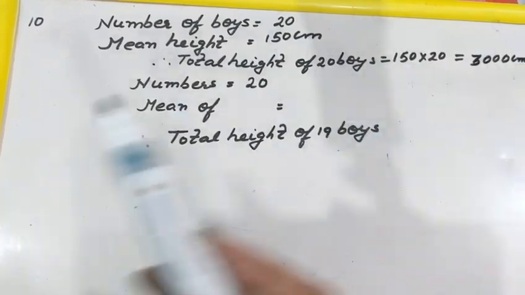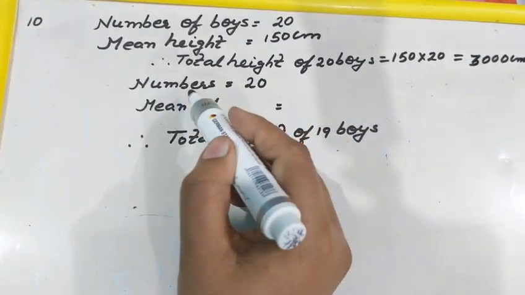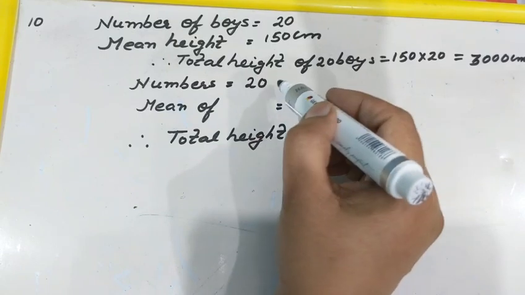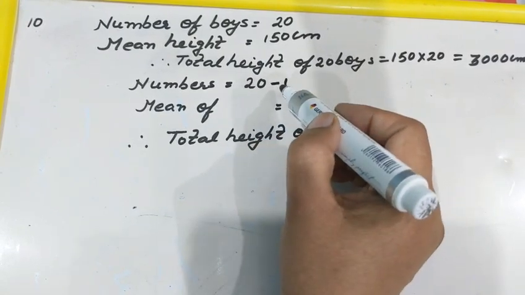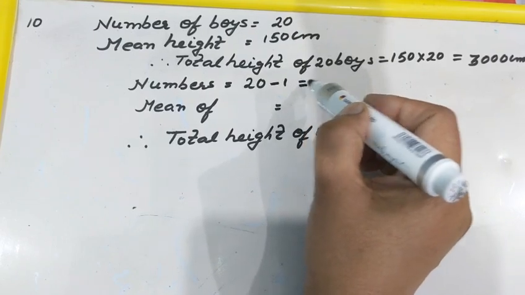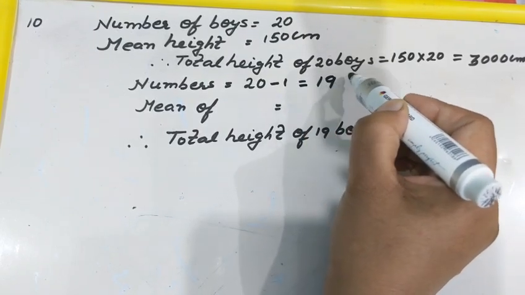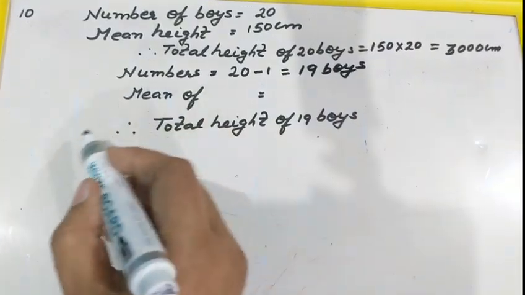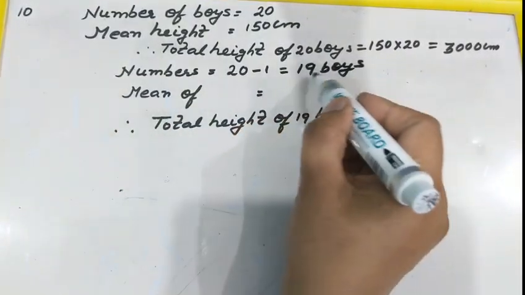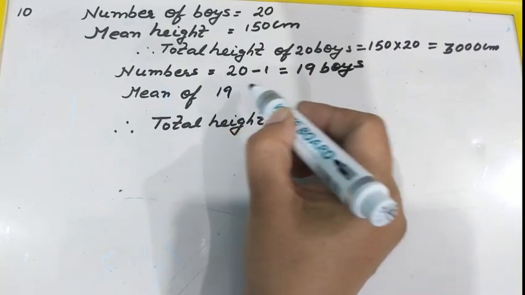20 boys. According to the question, the number is less when a boy leaves the class. Earlier the number was 20. When a boy leaves the class, now the total number of boys left is 19 boys. Okay. The next part of the question is the mean of these 19 boys.